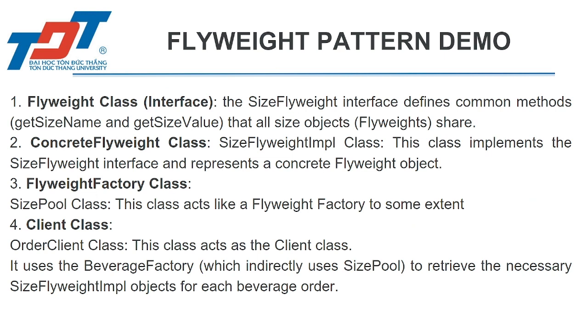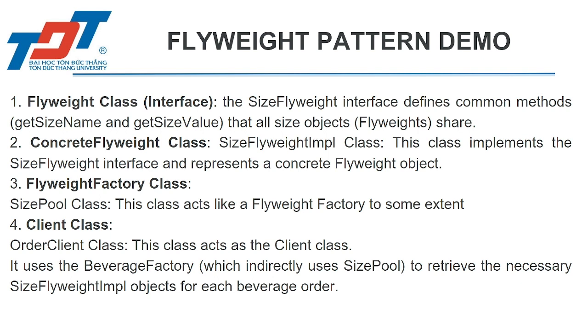In the flyweight class, we design a flyweight interface defining the common methods. It gets the design name and design value that the objects share, and the concrete flyweight class is the size flyweight implementation. This class implements the size flyweight interface and represents the concrete flyweight object.